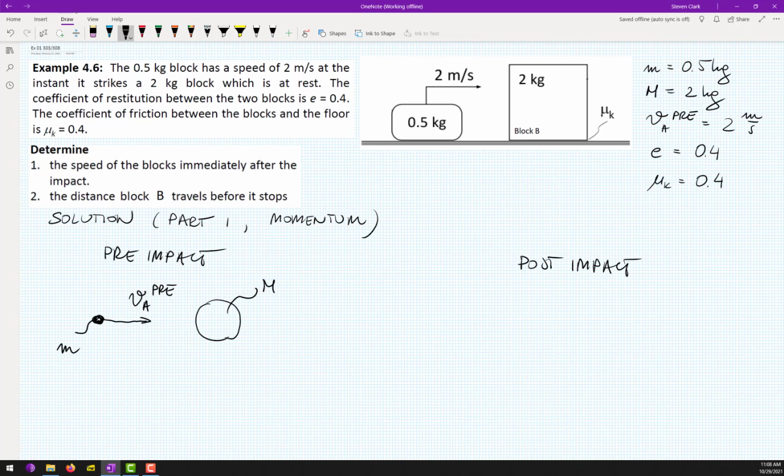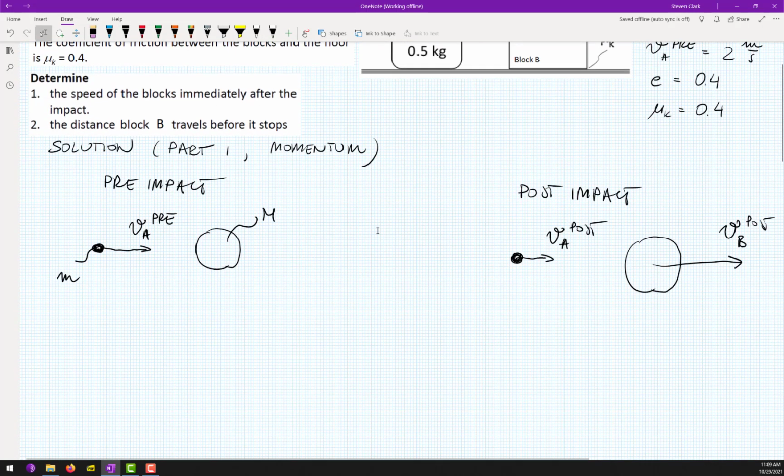After the impact, let's assume that they all will be pointing to the right, VA post and VB post. Okay, let's write our momentum equation, because momentum is preserved during the impact, at least for unconstrained impact. In this case, momentum is preserved.